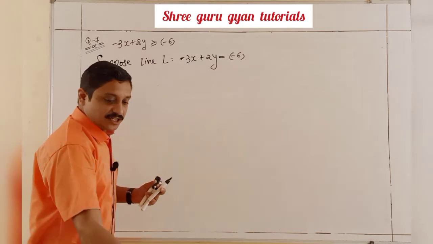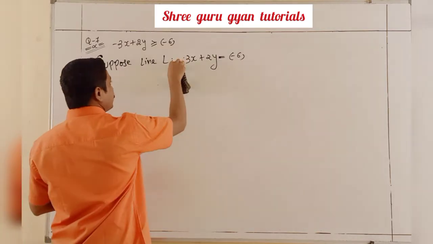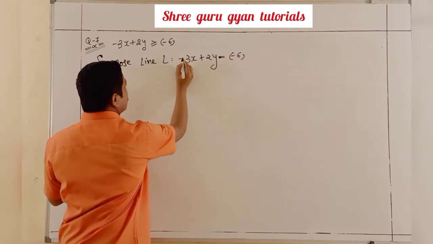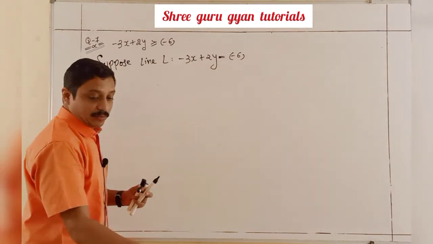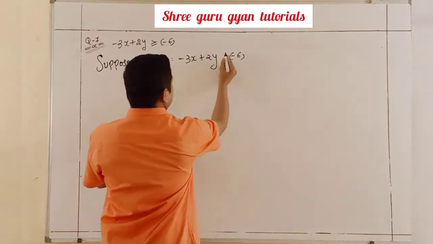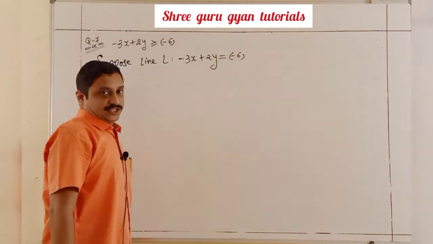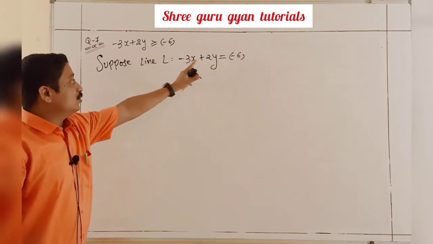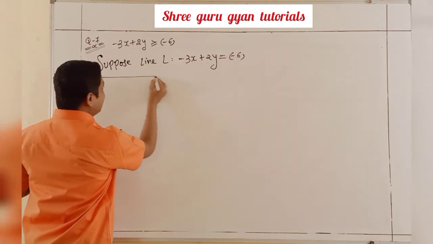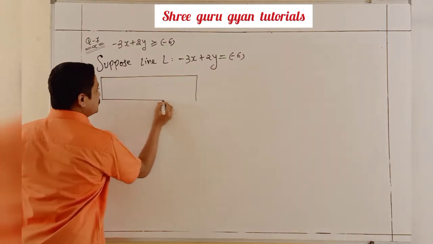Students, here write is equal to compulsorily. Yes, minus 3x plus 2y is equal to minus 6. Sorry, by mistake the ink is going down. Okay, minus 6. So here for greater than or equal to, you just write is equal to and plot on the table.